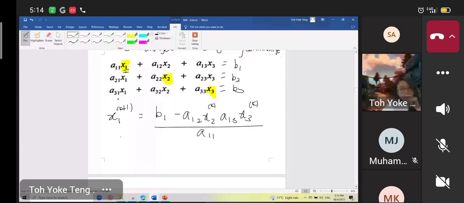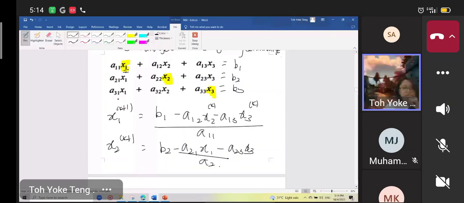From the second one, x2 equals B2 minus A21 x1 minus A23 x3 over A22. Since you know the latest value of x1 already, at here we use the latest value. And for x3, we just write it as k, the previous value.